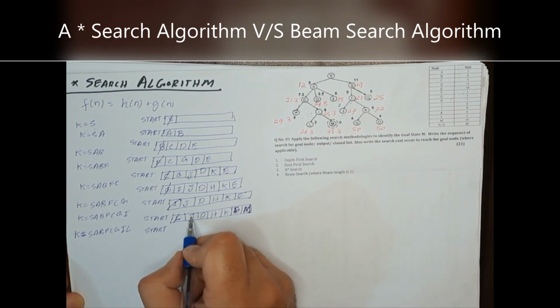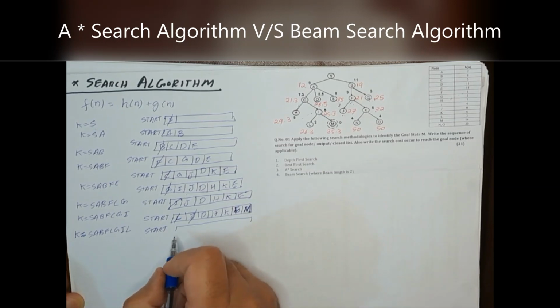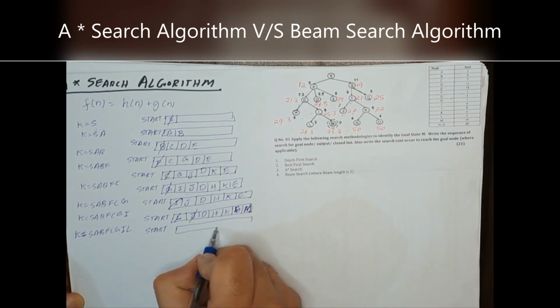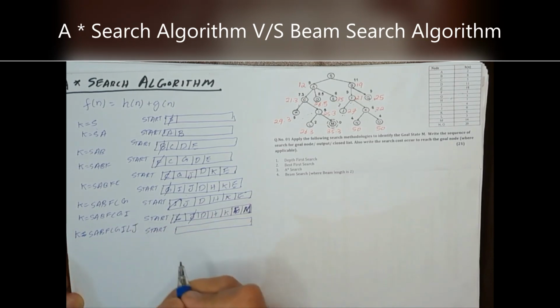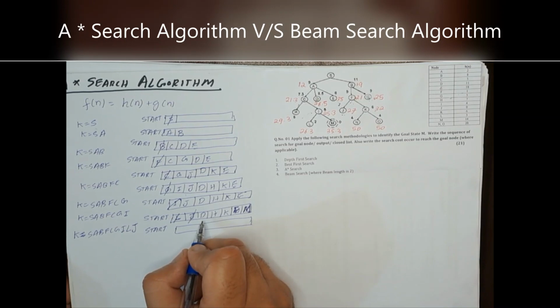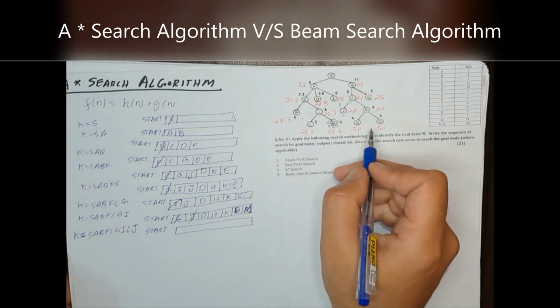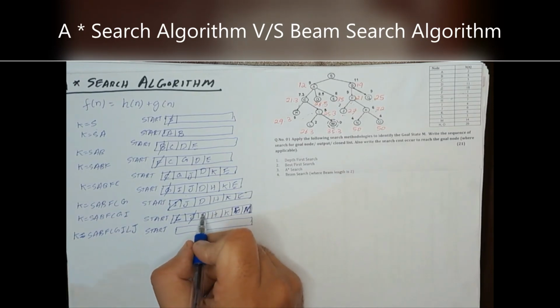No, so we can also remove J from here and also add this J to our K here. Okay, so then we have D after them. Does D also have a successor or not? D also doesn't have a successor, so D also we can remove.